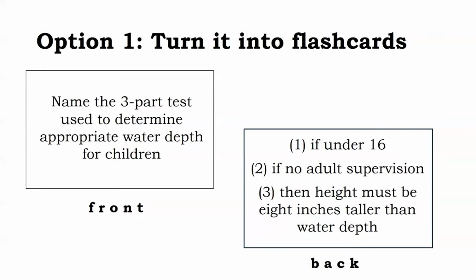But an example would be putting a test on the flashcard so that you can remember it when it comes to exam time. So here we have: name the three-part test used to determine appropriate water depth for children. And the rule being, if the child's under 16 with no adult supervision, then the child's height must be 8 inches taller than the water depth.